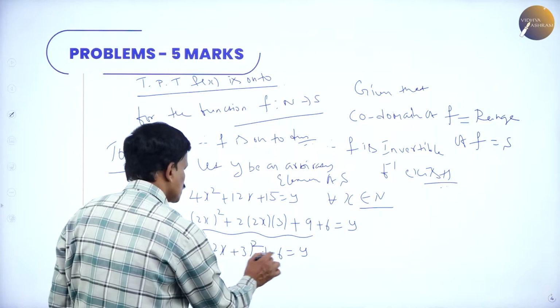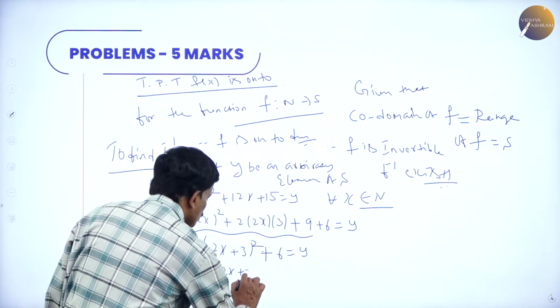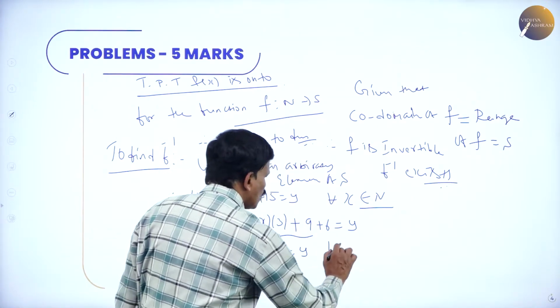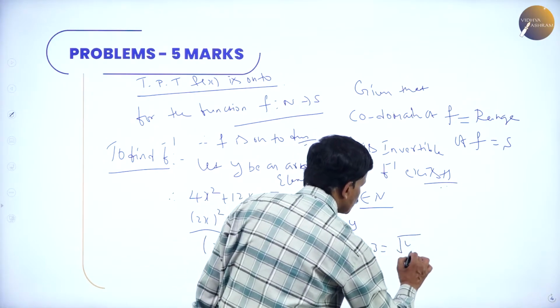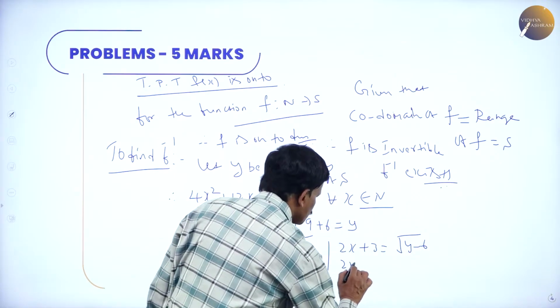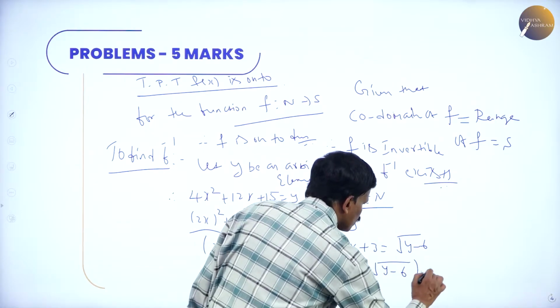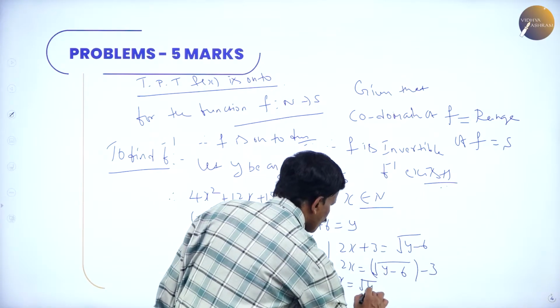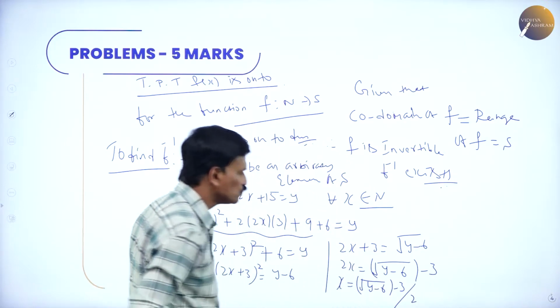So, (2x plus 3) whole square plus 6 is equal to y, or (2x plus 3) whole square can be written as y minus 6, or 2x plus 3 is equal to root of y minus 6, or 2x is equal to square root of y minus 6 minus 3, and x is equal to (root of y minus 6 minus 3) divided by 2.